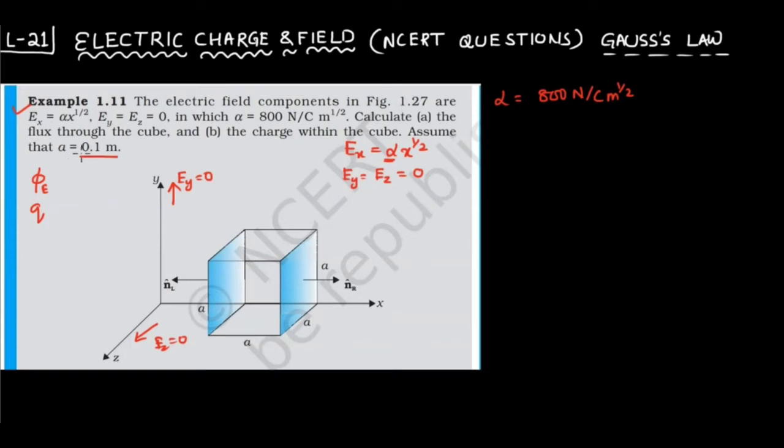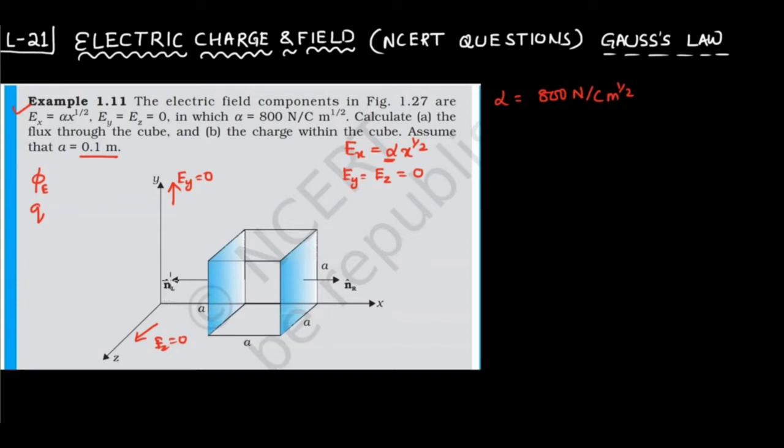So what is a? A is the side of the cube, and we know that a cube has 6 faces. So we have to first calculate the electric flux, and then the charge within the cube. Now let us assign the direction of the area vector of all the 6 faces. This cube has 6 faces.